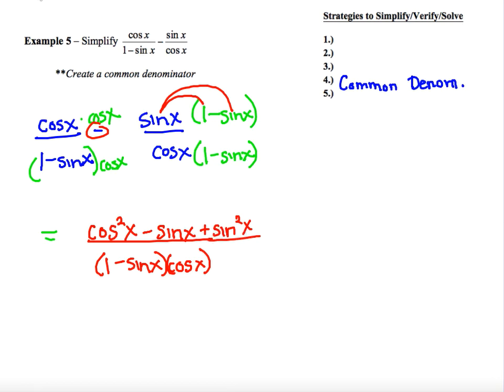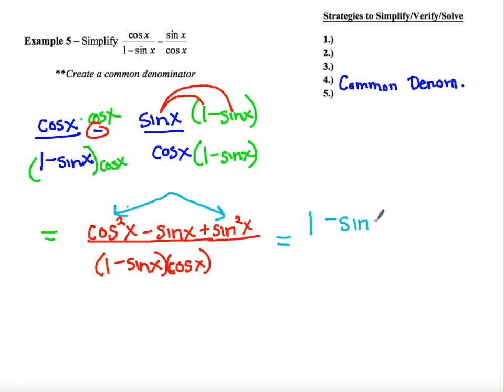Just a couple more steps for us. Again, work on memorizing those identities so that when you write this question down, it kind of just comes to us a little bit faster in terms of what identities we can choose to use. So in this one, because we're memorizing those right away, we see this cosine squared plus sine squared. It's like magic. Cosine squared plus sine squared, that's 1.